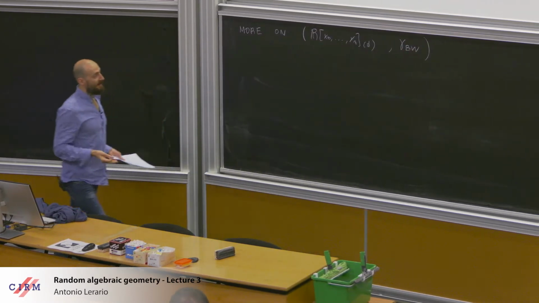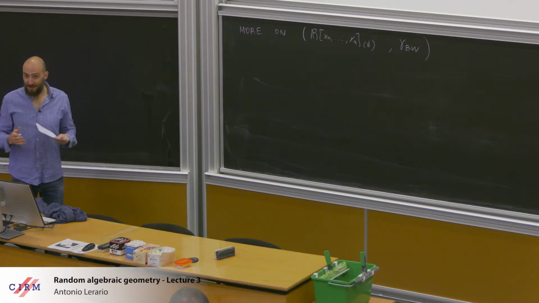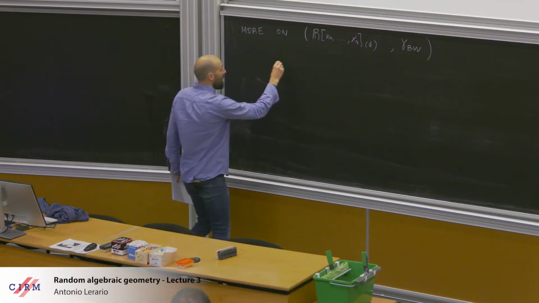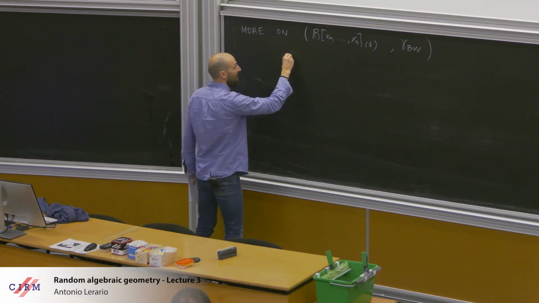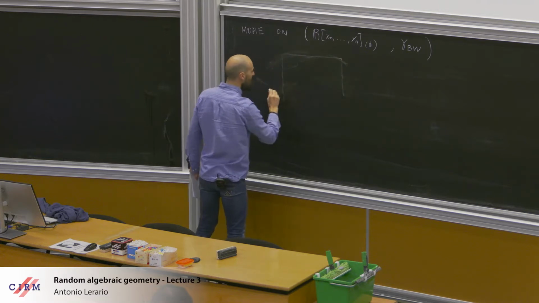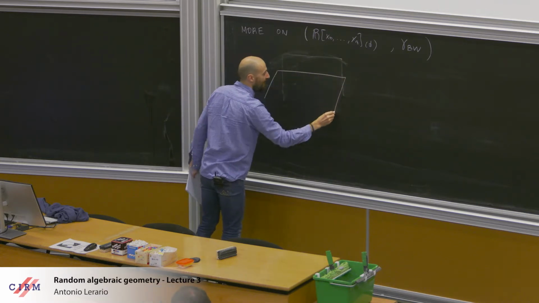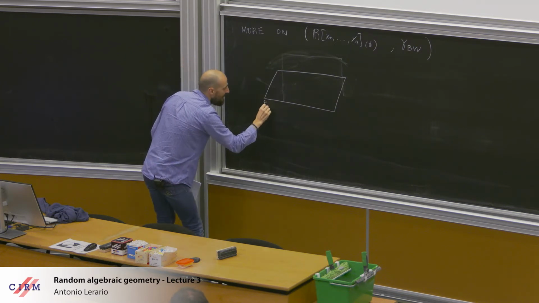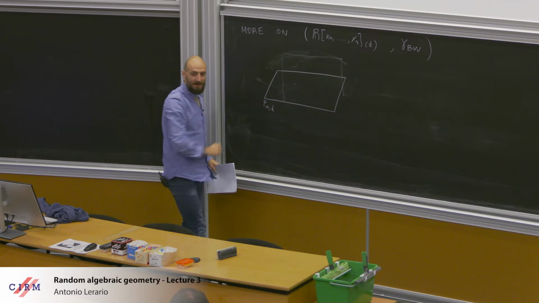So again, yesterday I mentioned systems. Now I just want to take a hypersurface and see what's happening. So here is the picture that we have. There is the space of polynomials, which I call P_{n,d}. That's our parameter space.